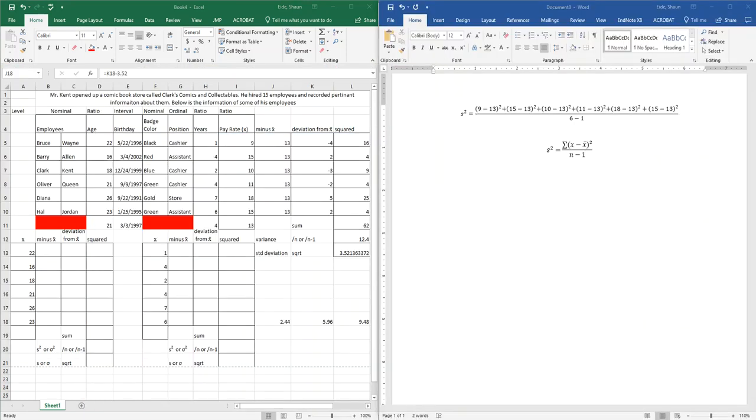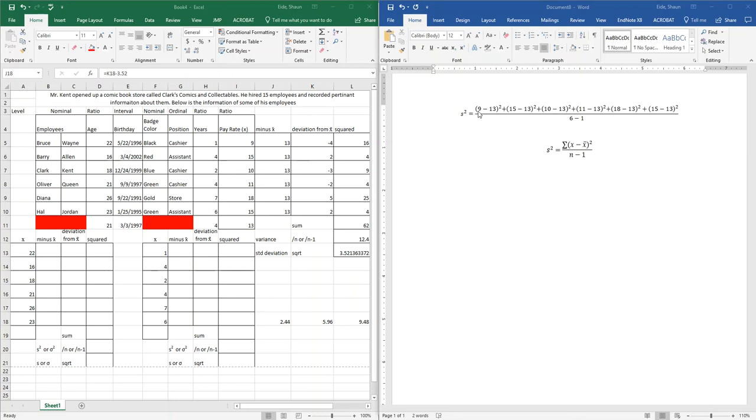Another way that you can do pretty much the exact same thing is to put the data points into the actual equation. You see the equation right down here. This is the equation for the sample variance, and it's saying sum the occurrences of x minus the mean, squared.